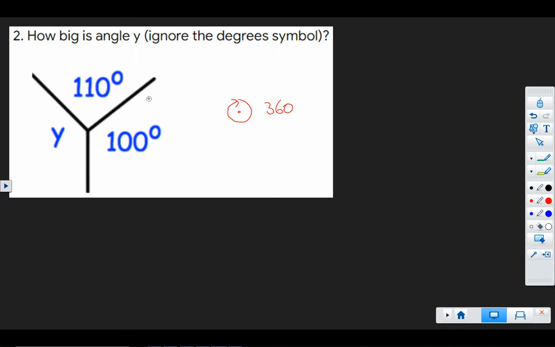So I'm going to add these two together. And then I'm going to subtract that from 360. It's always making sure my columns line up. 0 take away 0 is 0, 5 and 1. So there we have our answer.